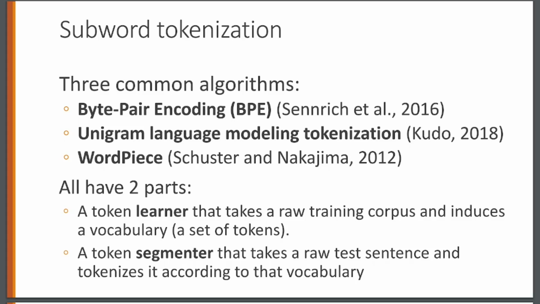For the next several slides, we will be talking about byte pair encoding. Now, byte pair encoding is not the best method to tokenize sentences, but it is a good algorithm to get us started in our discussion.